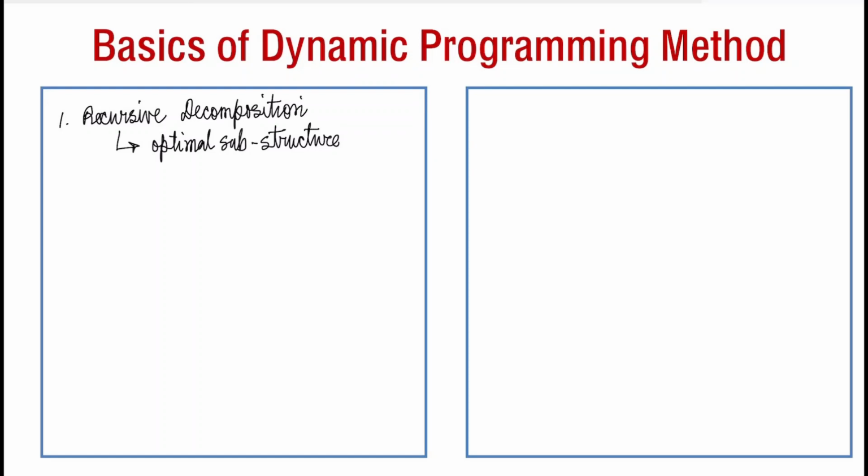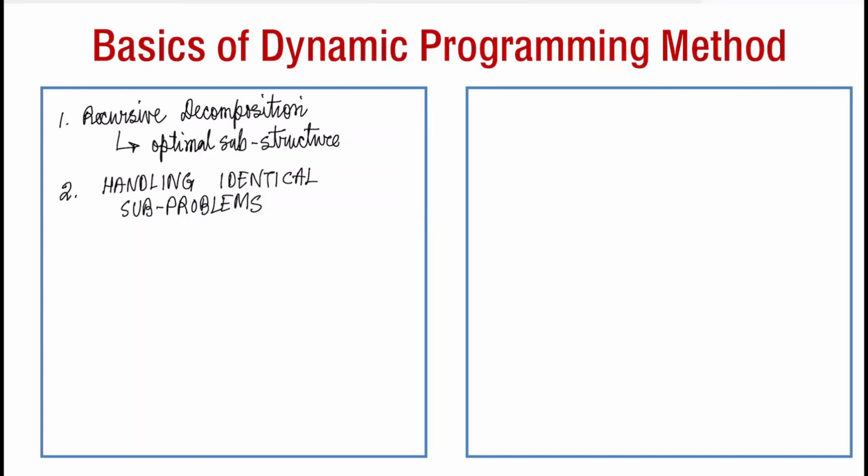The second aspect, which is the core aspect of dynamic programming, is handling identical subproblems. And we have seen before, these identical subproblems cause an enormous difficulty to us in terms of the complexity of the problem.